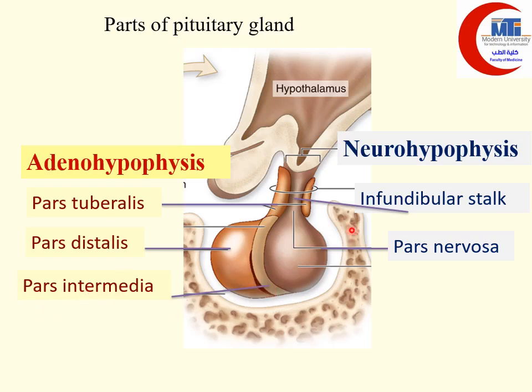Again, the pituitary gland is formed of two parts: the adenohypophysis, formed from pars distalis, pars intermedia, and pars tuberalis, and the neurohypophysis, formed from the infundibular stalk and pars nervosa.